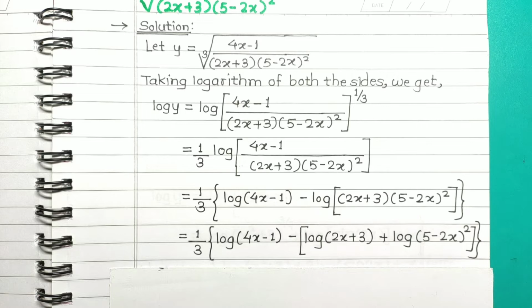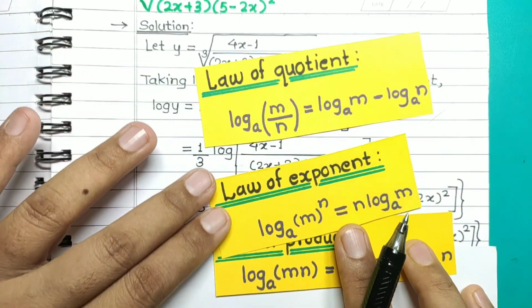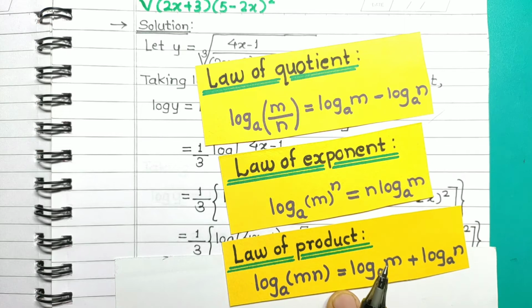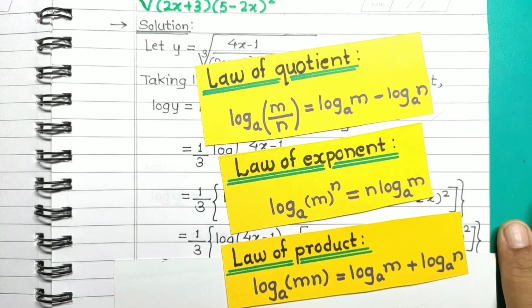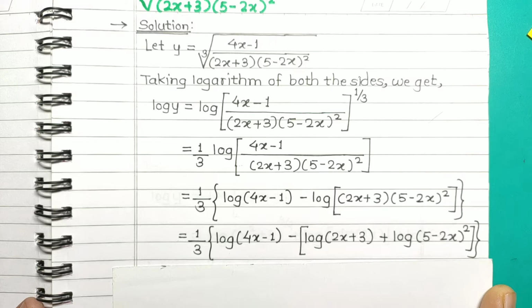So see here, up to this step we have used these three laws for logarithm. Okay, and now you are very familiar with these laws, so you understand these steps. We have simplified the given function using these laws. Okay, so let's see the next step.